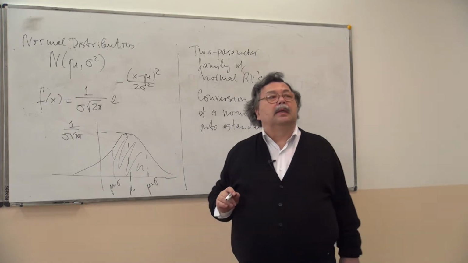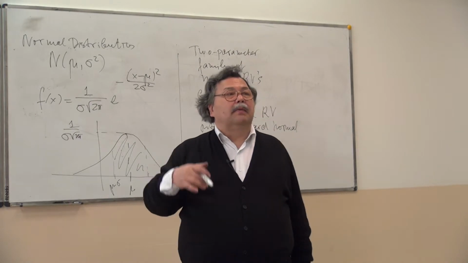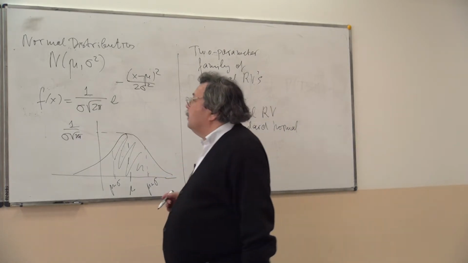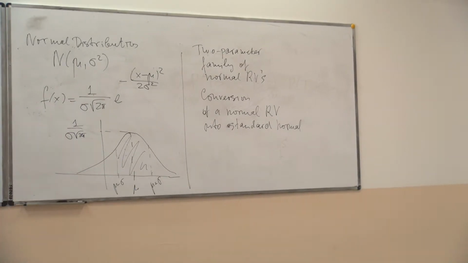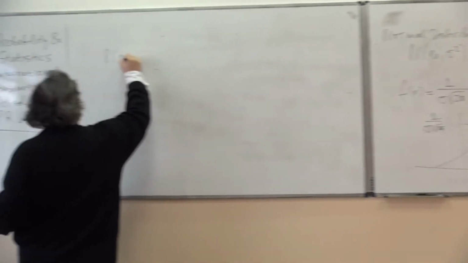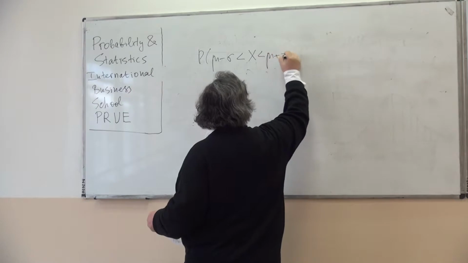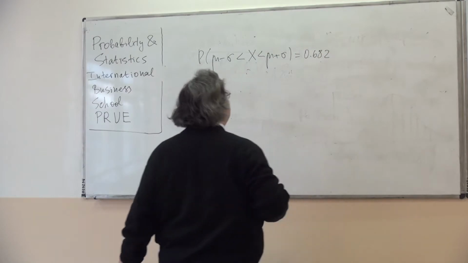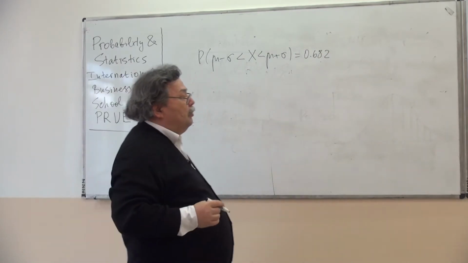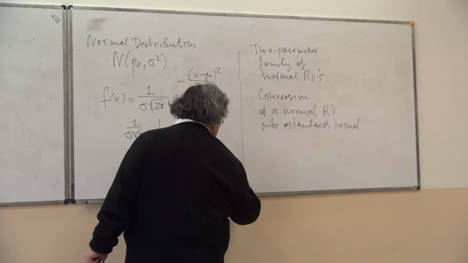It turns out that for any normal random variable, with any value of mu and any value of sigma, this probability is just a constant number. Let's write it here. Mu minus sigma to mu plus sigma is equal to 0.682.